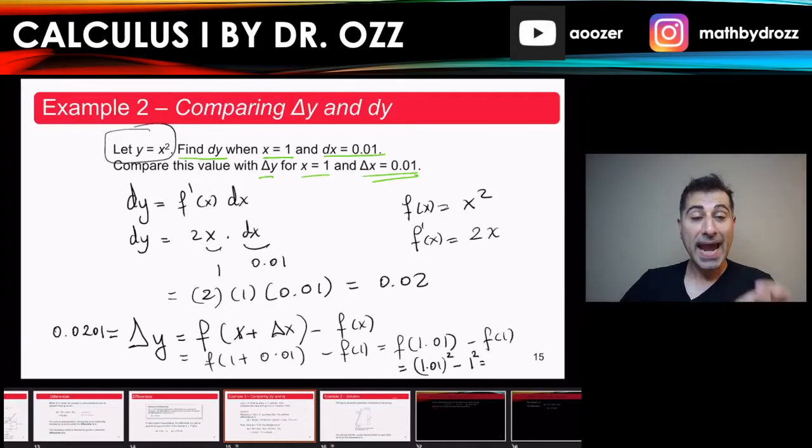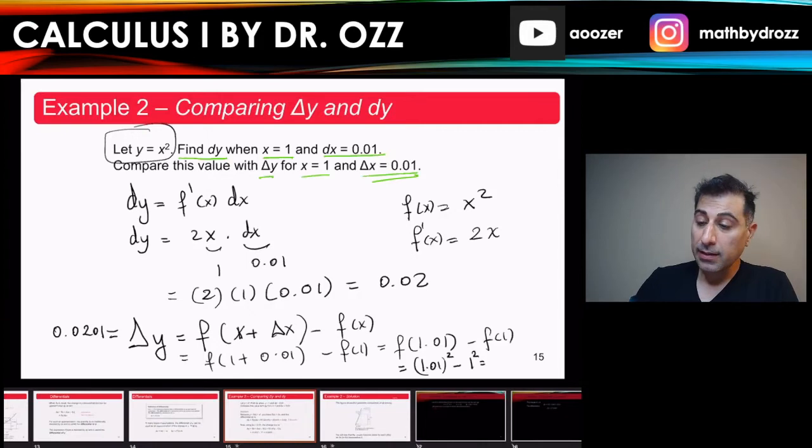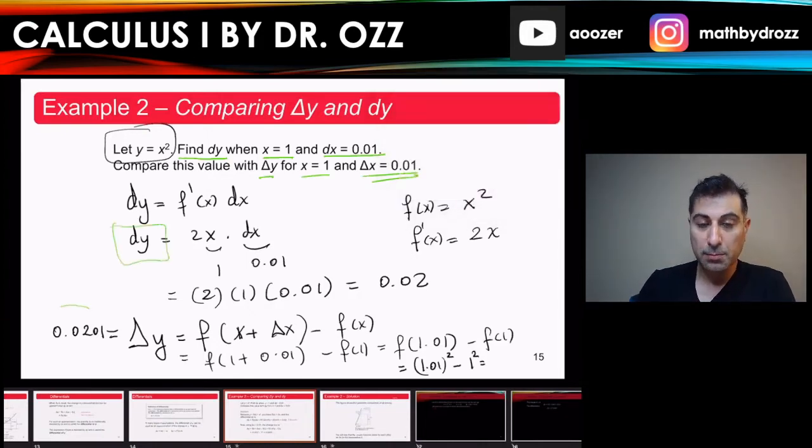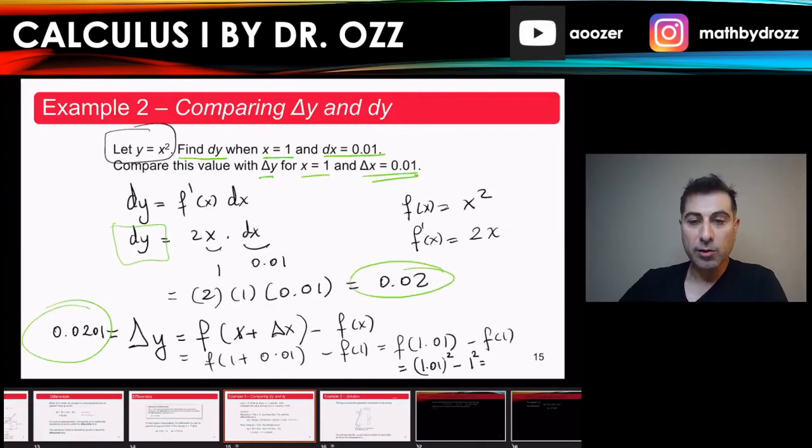Okay, so this is the actual change of the function value when you jump from x equals 1 to x equals 1.01. And this is approximated by dy. Okay, dy is the approximation of this number, and the approximation is found to be 0.02.